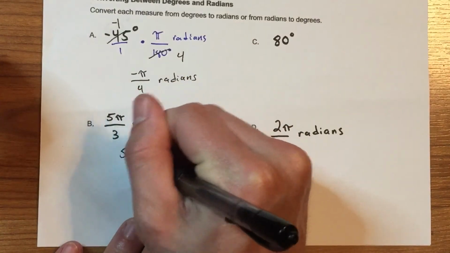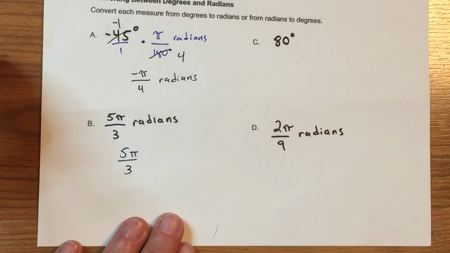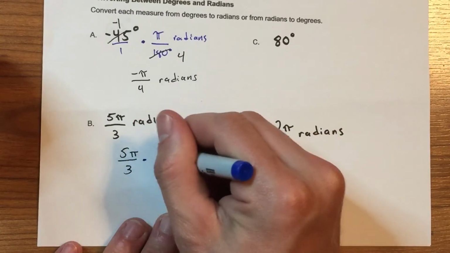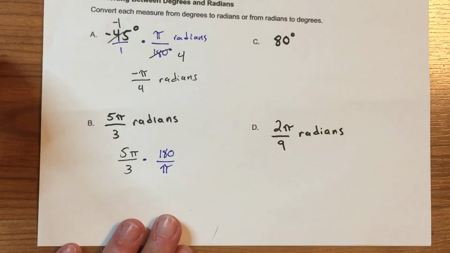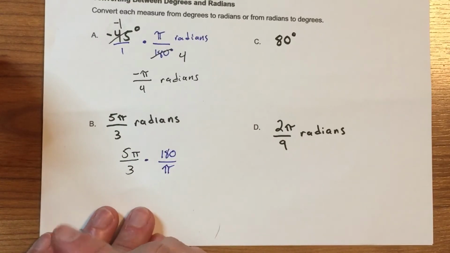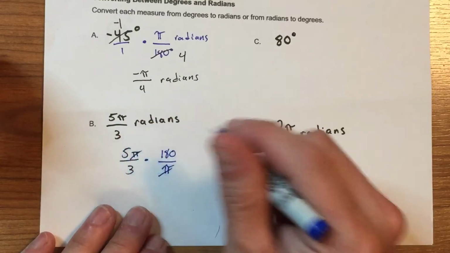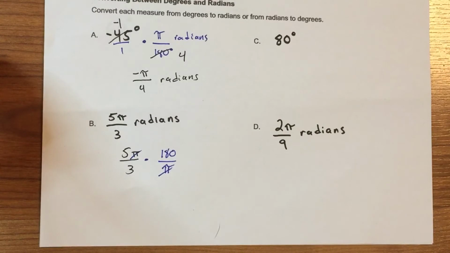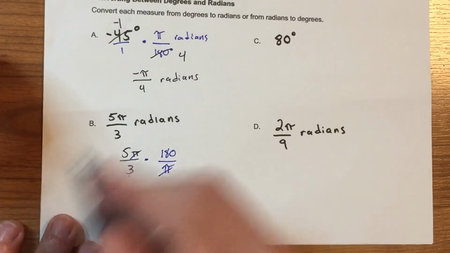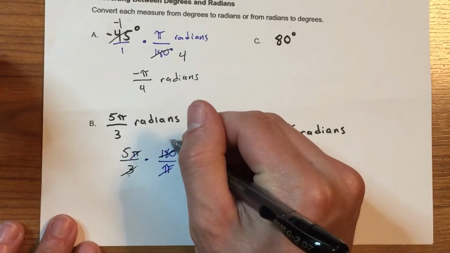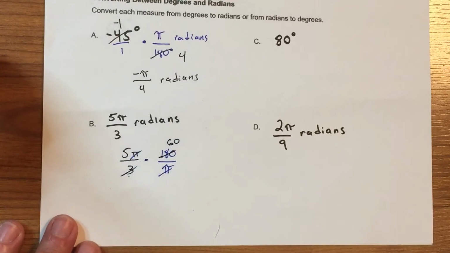5 pi over 3 times 180 over pi. Remember we said degree answers won't have pi. Well, the pi's can cancel each other out because they're across from each other. So already I'm not going to have pi in my answer. 3 also is a factor of 180. 3 goes into 180 60 times.